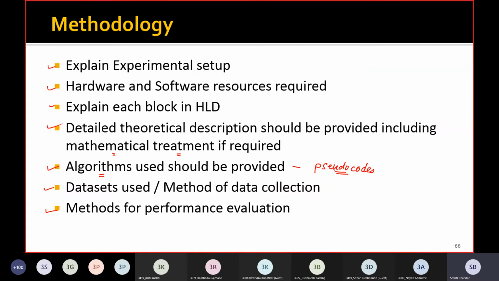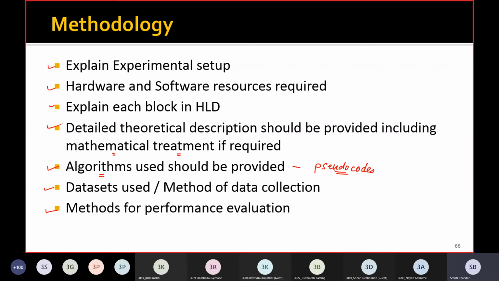If you are working with such projects, then definitely you should provide diagrams like the data flow diagram, the entity relationship diagram, the UML diagram, and so on.